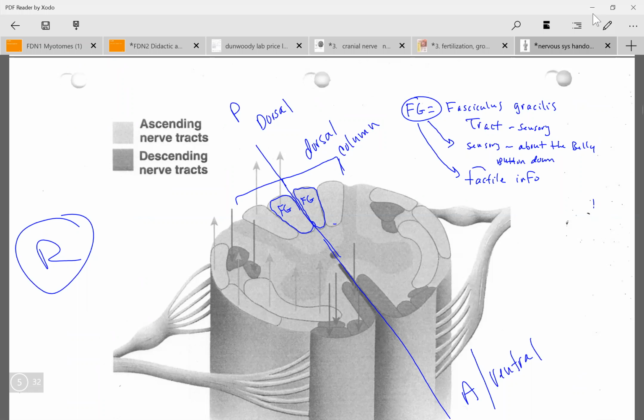Tactile means non-pain, non-temperature feeling. Your body is sensitive to pressure, it's sensitive to touch, certain sensory things that are non-pain, non-temperature. That information from the belly button down will go into your spinal cord and it goes up that particular tract, the fasciculus gracilis.